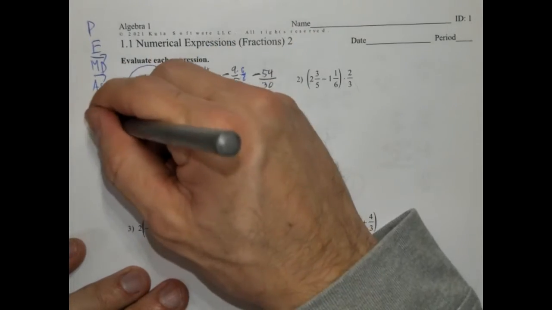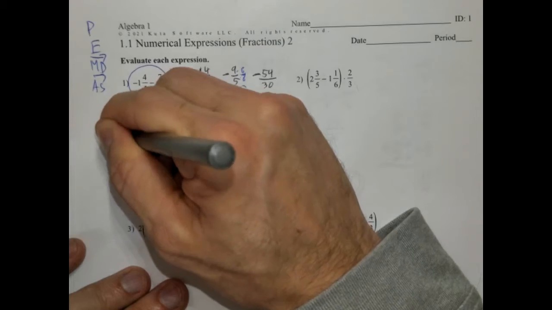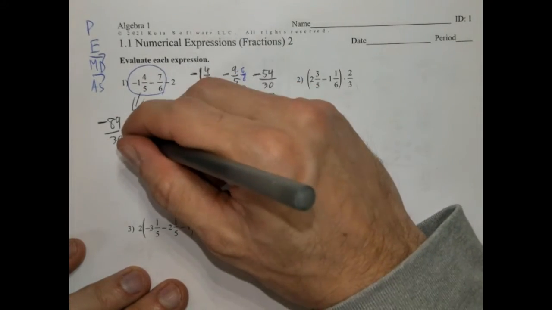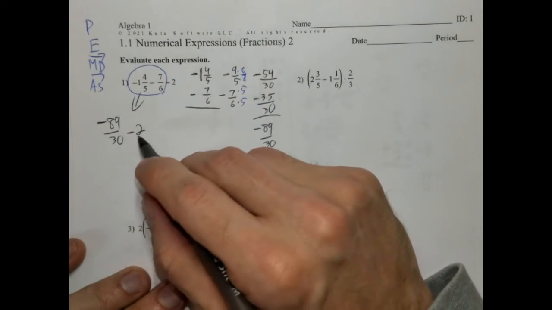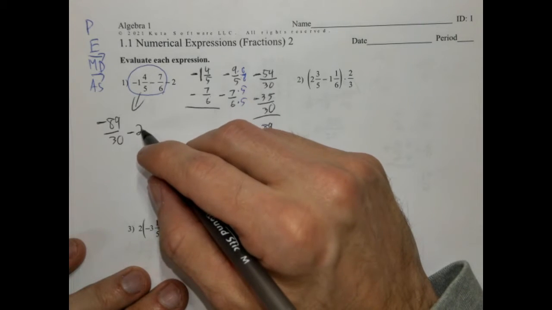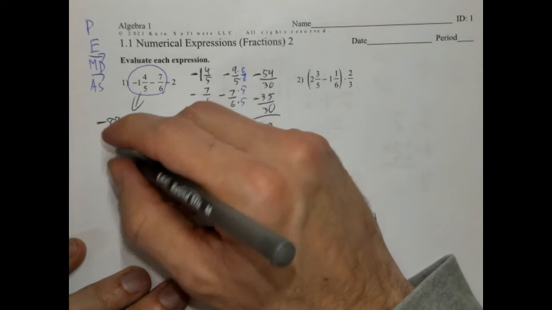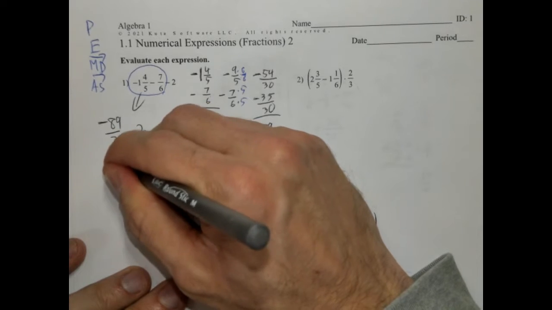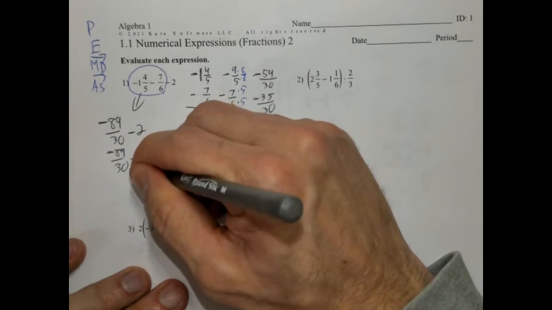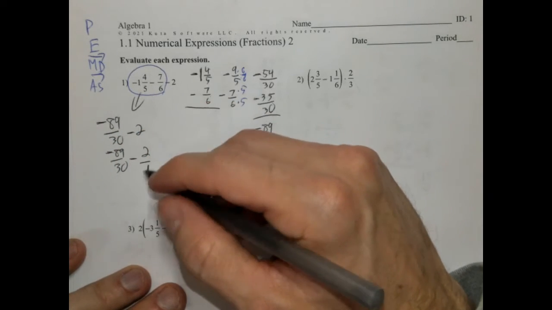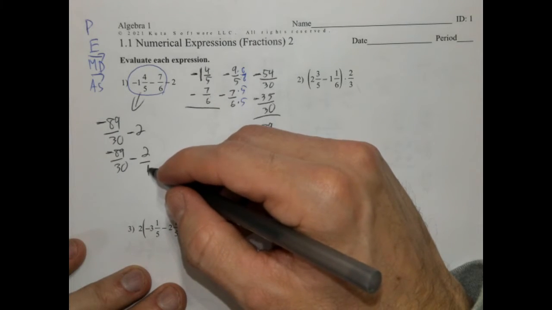So we have negative 89 over 30 minus 2. Let's make this into an improper fraction, so negative 89 over 30 minus 2 over 1. We want the same denominator, so let's multiply this by 30 over 30, which makes the denominator 30.